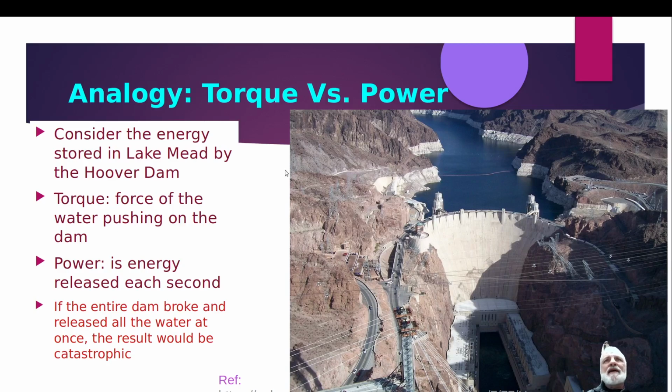Here's another analogy to consider. If you consider the energy of the Hoover Dam, torque is the force of the water pushing on the dam, and there's more pressure pushing at the bottom of the dam.